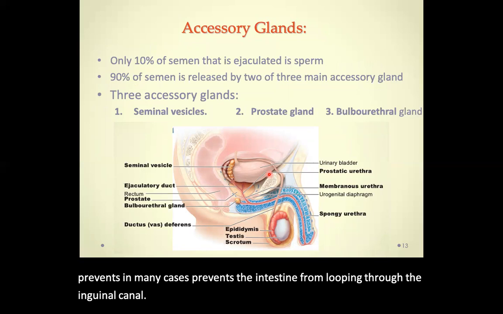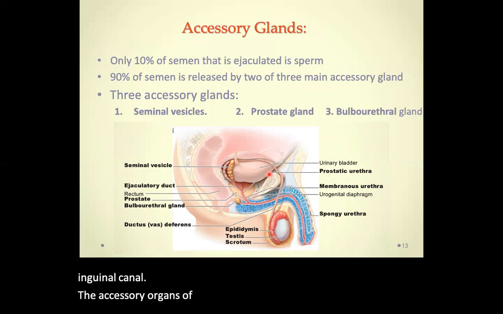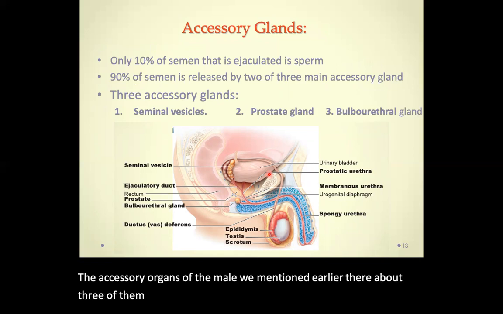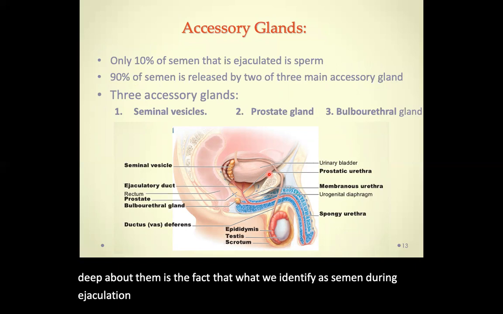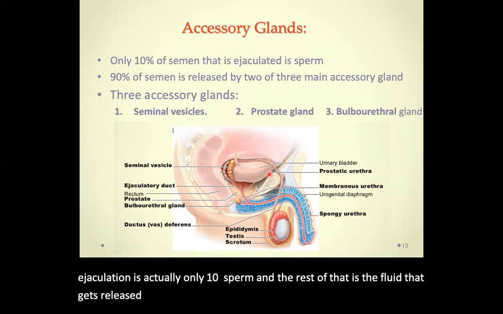The accessory organs of the male, we mentioned earlier, there are about 3 of them. The understanding you should have before we go deeper is that what we identify as semen during ejaculation is actually only 10% sperm, and the rest is the fluid released from 2 of the 3 accessory glands.